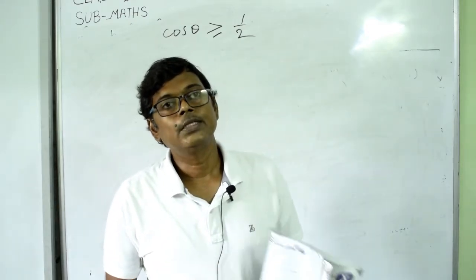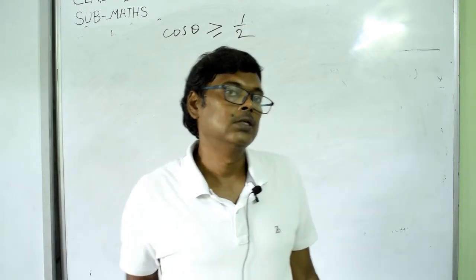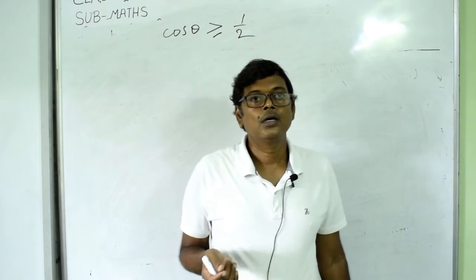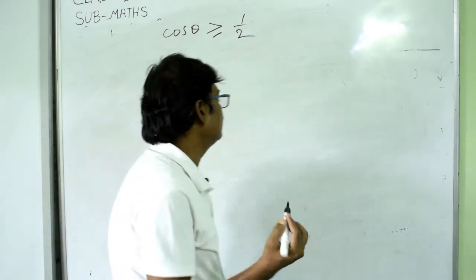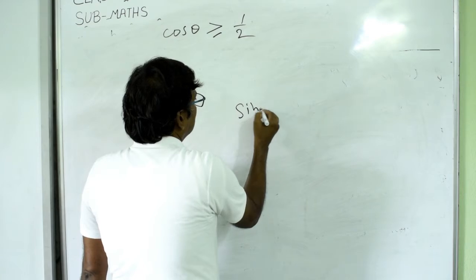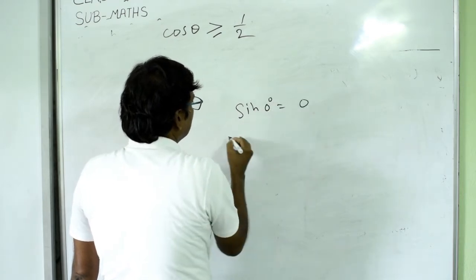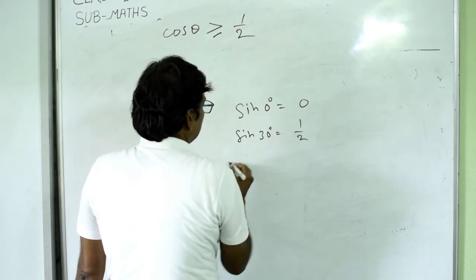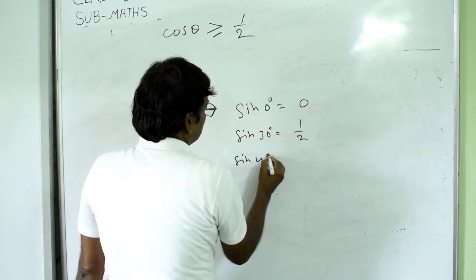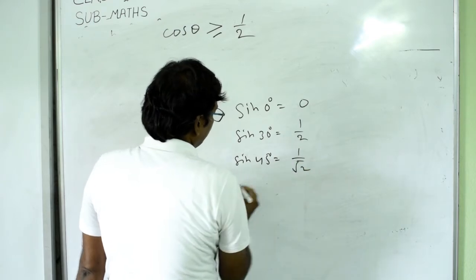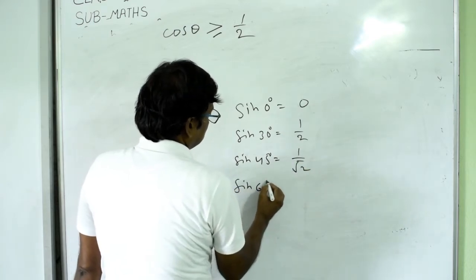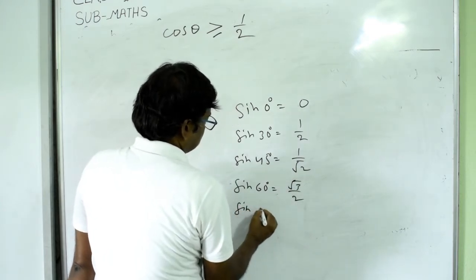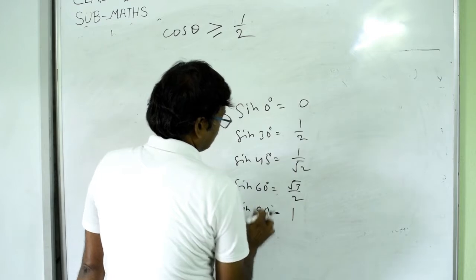In case of sine, when you increase the angle, the value of sine will also increase. For example, sine 0 degree equals 0, sine 30 degree equals 1 by 2, sine 45 degree equals 1 by root 2, sine 60 degree equals root 3 by 2, and sine 90 degree equals 1.